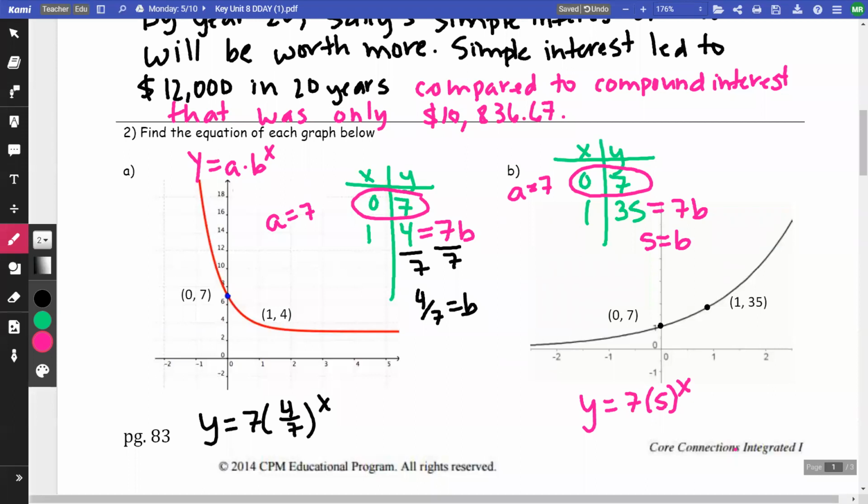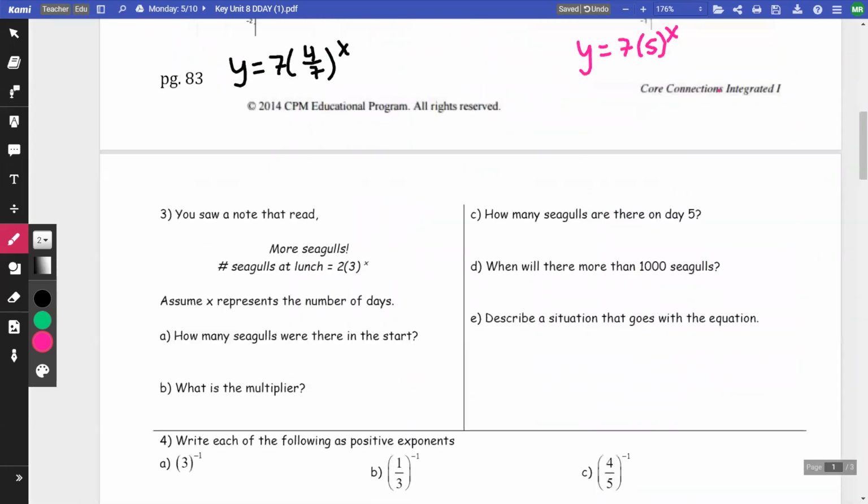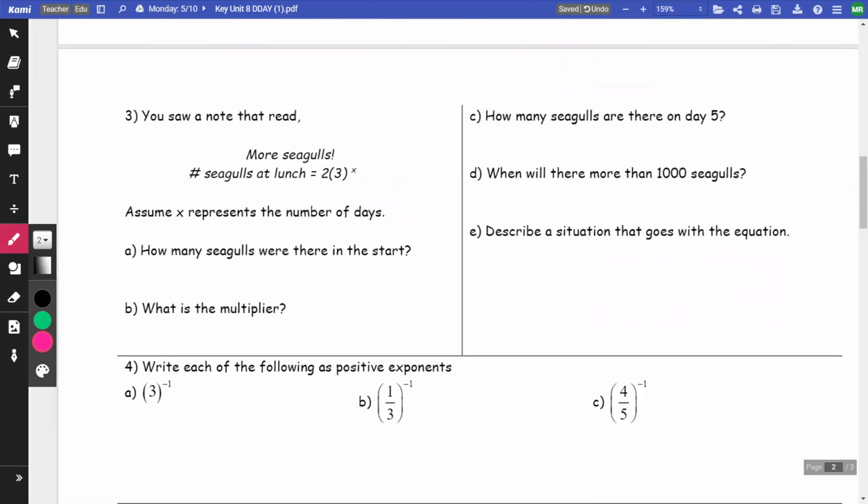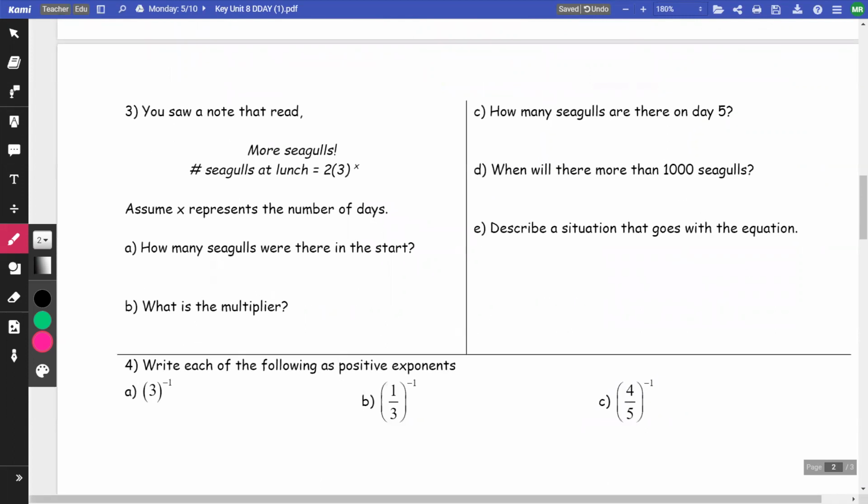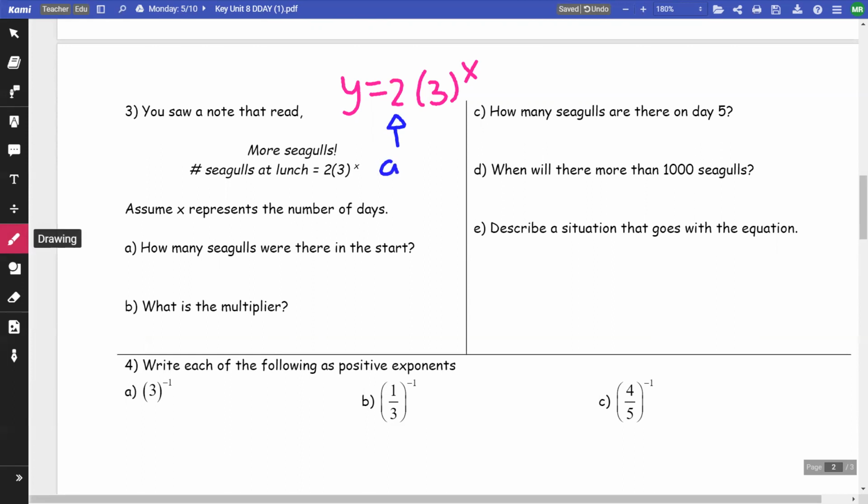Okay, so looking at number 3, you saw a note that read more seagulls. The number of seagulls at lunch is equal to 2 times 3 to the power x. Assume x represents the number of days. How many seagulls were there in the start? So when we have this equation, y equal 2 times 3 to the power x, this 2 is our a.